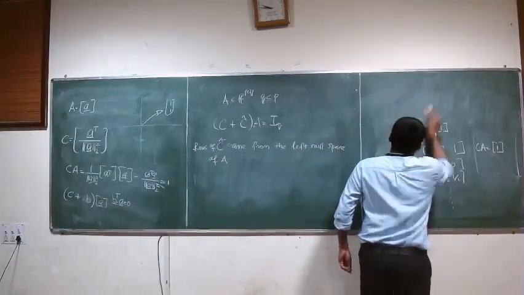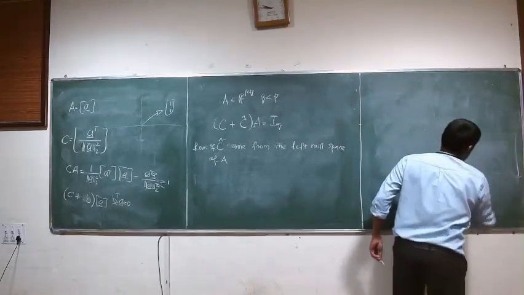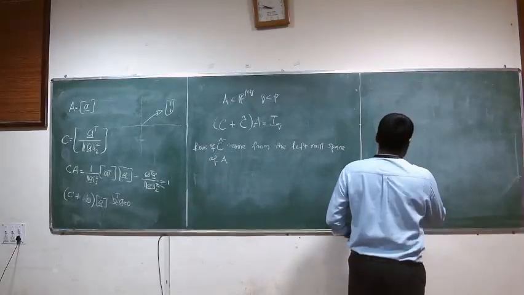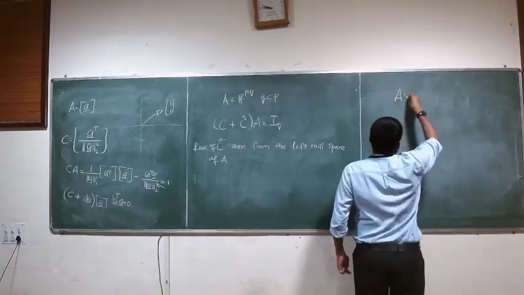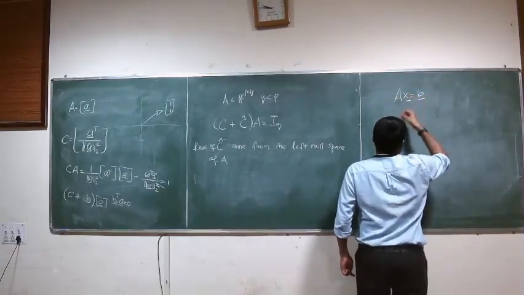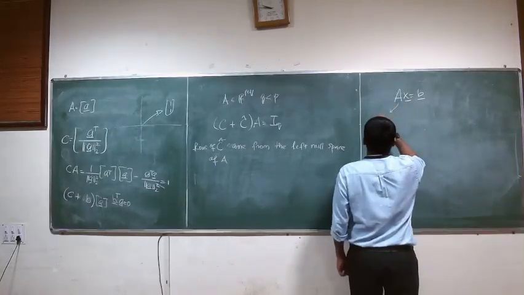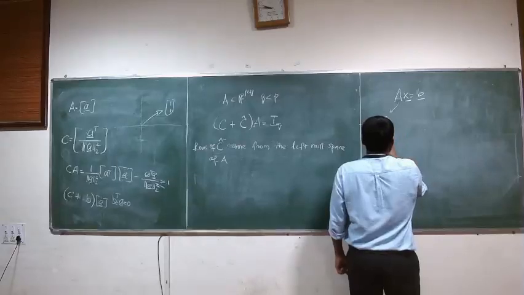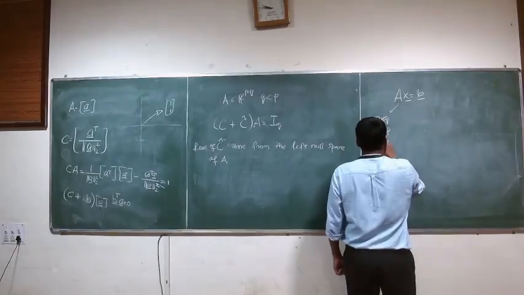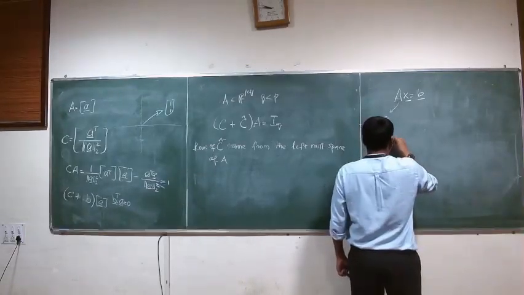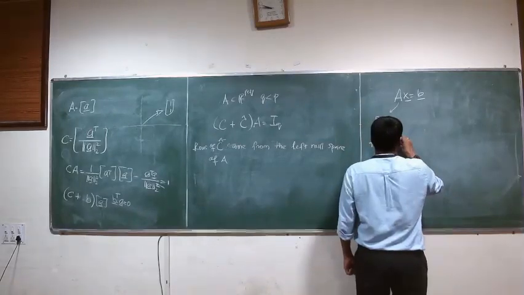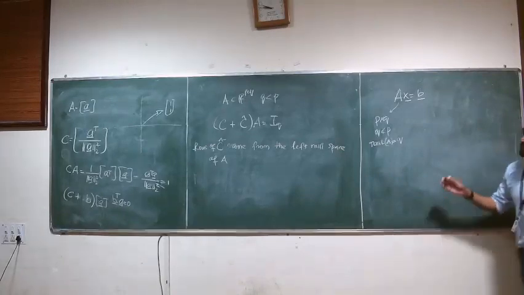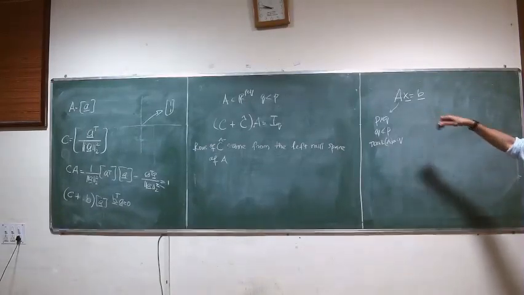Now this brings us to this question. What if I have a system of equations like this, and A is tall, P cross Q, Q is less than P, and rank of A equals Q. Now the question is, okay, we know that this has the left inverse.